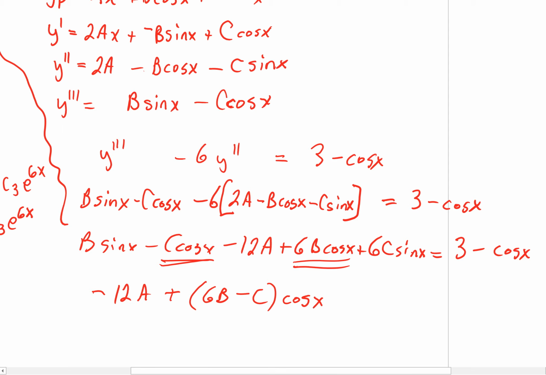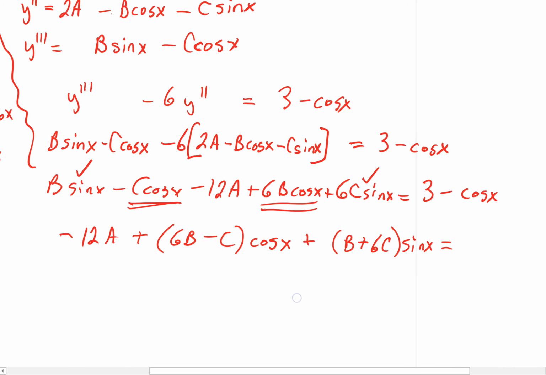Of course I have 6b cosine of x minus c cosine of x, but pull the cosine out, that's really what you're going to be left with. And then finally, you've got 2 terms with sine. And that's going to be b plus 6c when I factor that out.